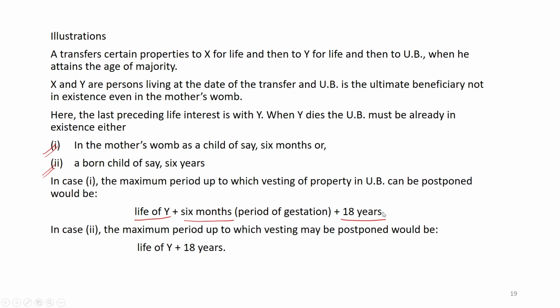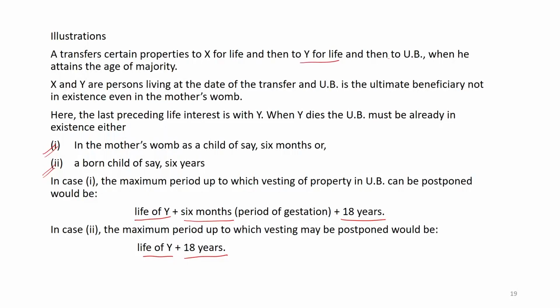Okay, because here it is the life of Y, and under this condition, then life of Y plus 18 years, because it is the last term. Okay. Generally, if you count from the first date, then you will have to take the lives of all the life interests, then the whole remoteness will be counted.